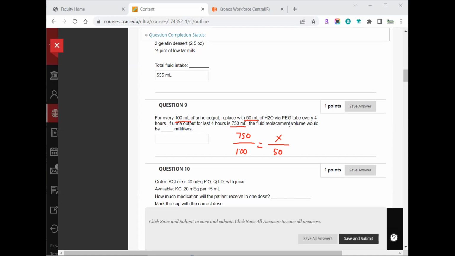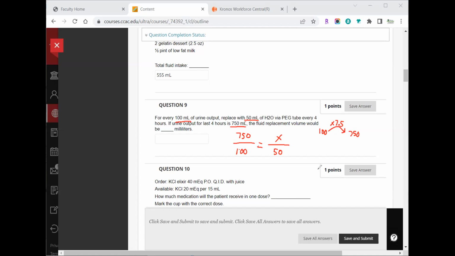The alternative way is if you think about the difference, like, to go from 100 to 750, what do I multiply 100 by to get to 750? If I take 750 divided by 100, that is a multiple of 7.5. So I'm just going to write times 7.5.